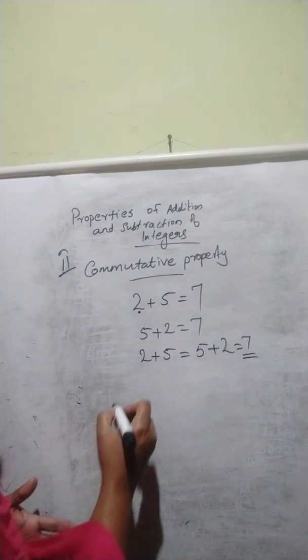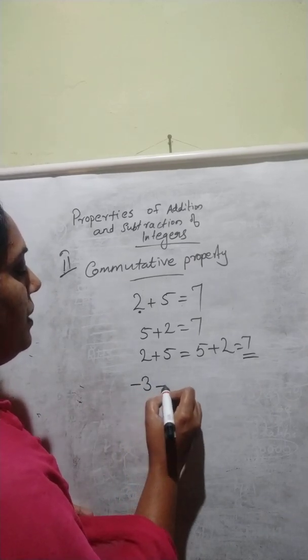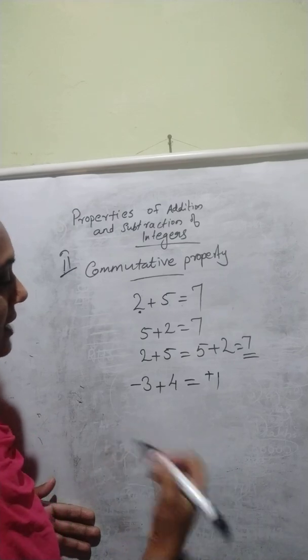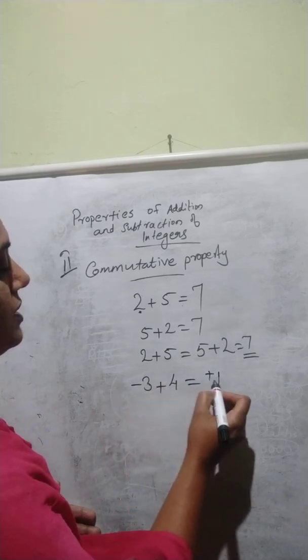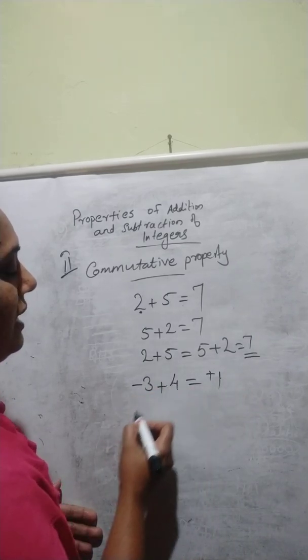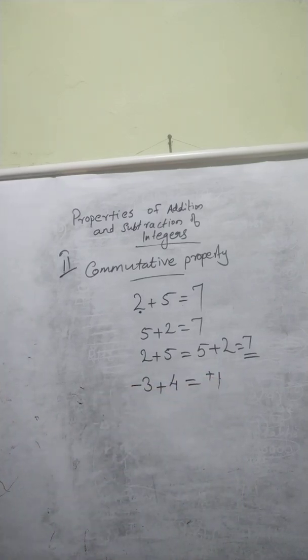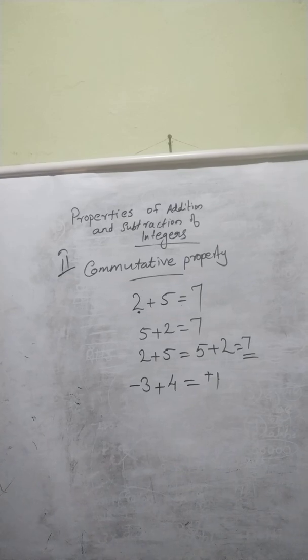Then negative 3 plus 4 is equal to positive 1. That means 4 minus 3 is equal to 1, and 4 is the greatest integer. The sign of 4 is positive, so we have to keep positive as the sign.